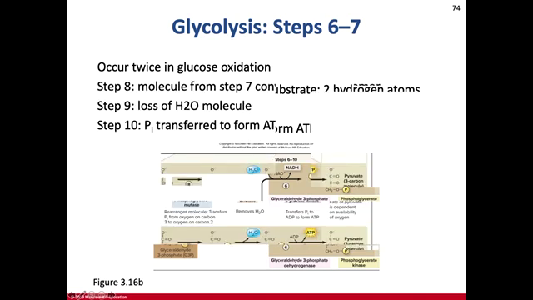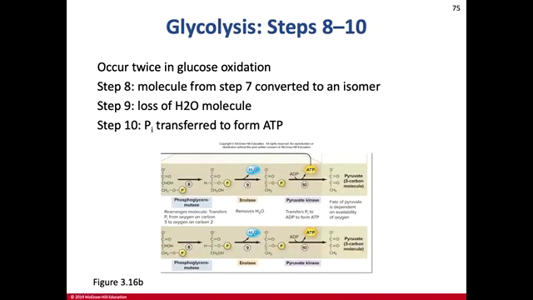And then step 8, the molecule from step 7 gets converted to an isomer that doesn't require any energy. And then we lose a water molecule, and then a phosphate gets transferred to form another ATP molecule, all right? So what will happen here is that we generate through enolase something called phosphoenol pyruvate, or PEP.